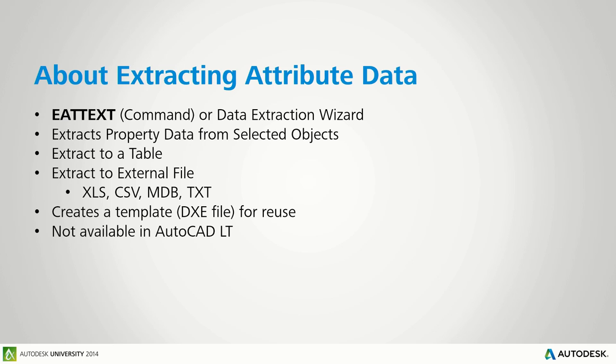As you're creating the data extraction, you can also create a template so that later on, when you make modifications to the project and want to run that extraction routine again, you can easily reuse the template. Unfortunately, this tool is not available in AutoCAD LT. There's an old school method. It's quite a bit more tedious. It works just as well, but it's more tedious. So I thought I'd throw that in there in case any of you are using LT and expect to be able to do that. It's not my fault.